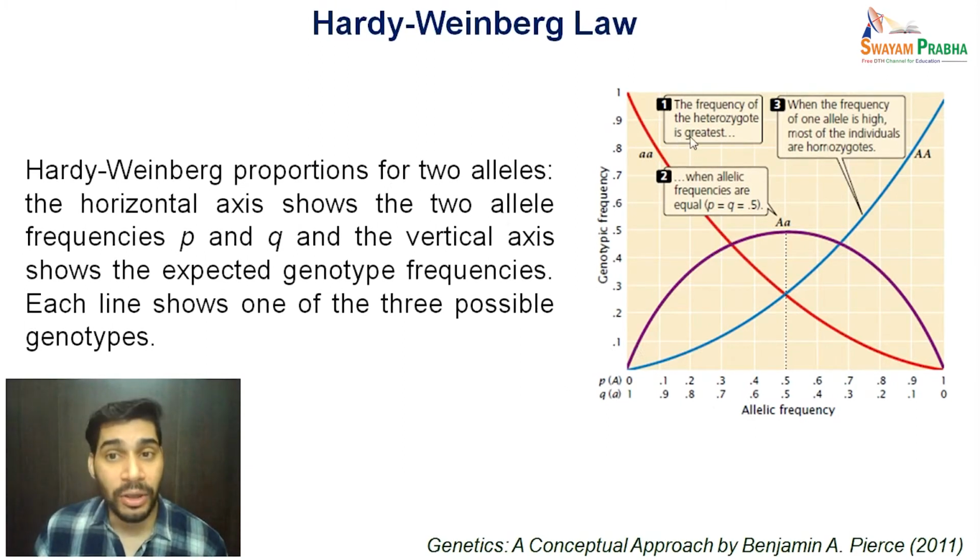The frequency of the heterozygote is greatest when allelic frequencies are equal, that is 0.5 for each of p and q. When the frequency of one allele is high, either capital A or small a, most of the individuals are homozygotes.